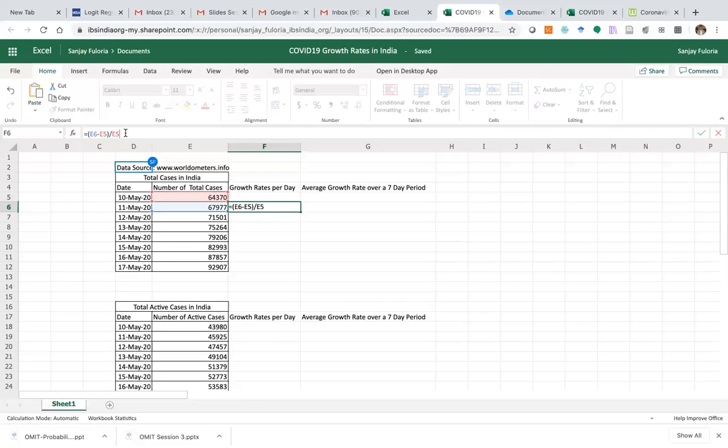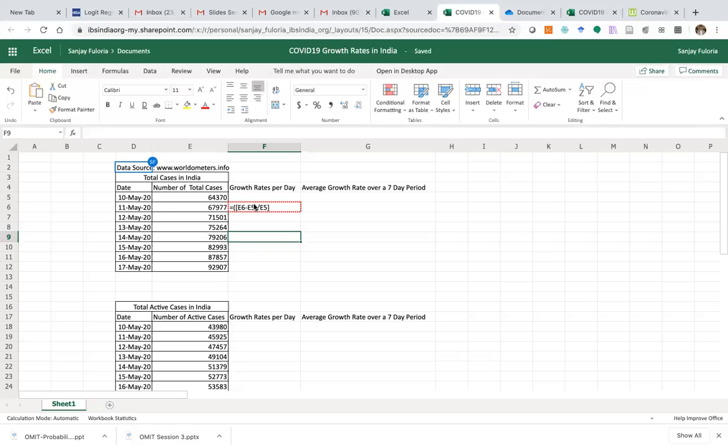So we'll multiply this number separately.